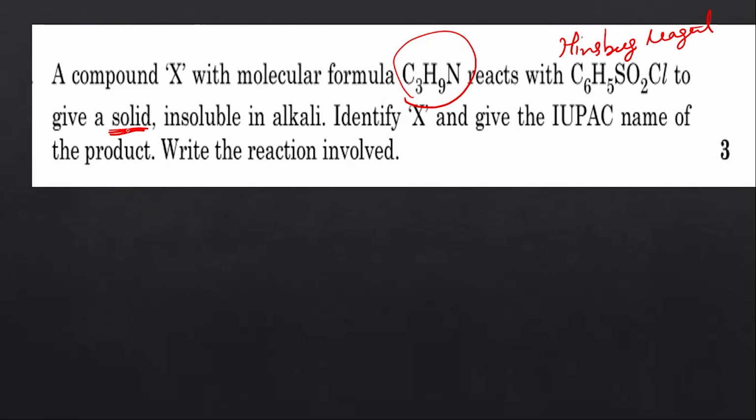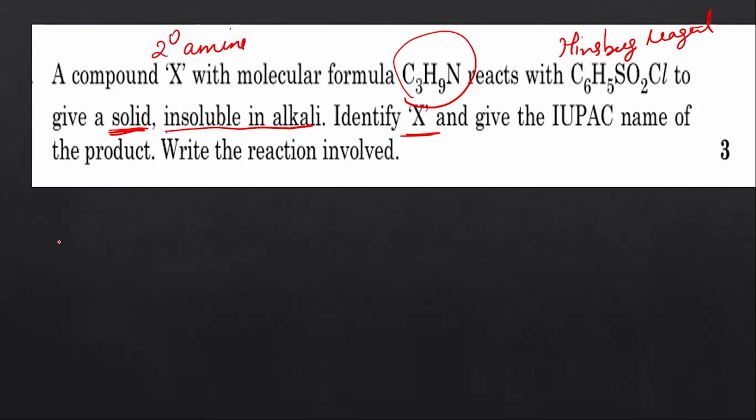The first question was similar to this. It gives a solid which is insoluble in alkali, so you have to identify X. Insoluble in alkali means what will that be? Is it primary, secondary, or tertiary? Insoluble in alkali means X will be a secondary amine.